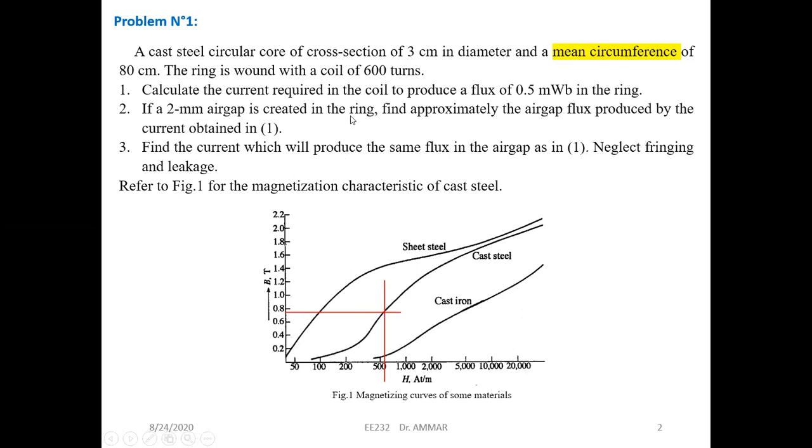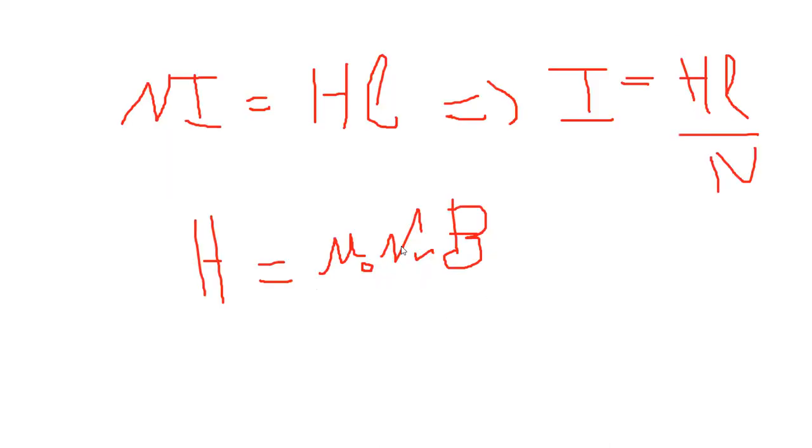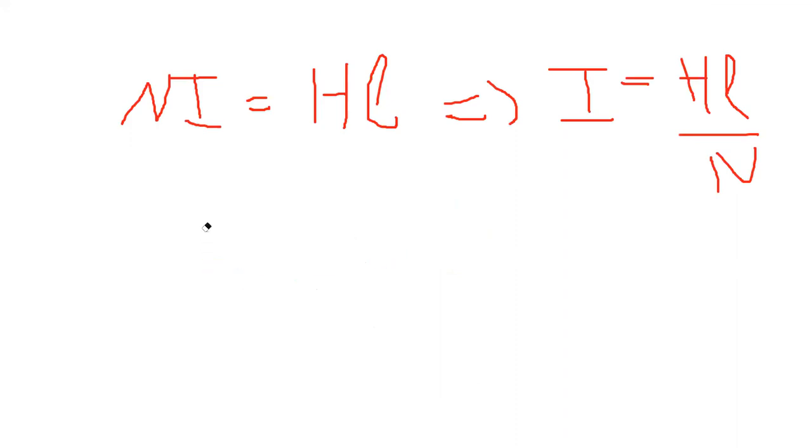So we calculate B, and according to this graph, of course the material mentioned is cast steel, we are gonna find the value of H according to B. So let's go back to the board. We are not going to use this expression. Firstly, we need to find B, from the expression of the flux, of course.